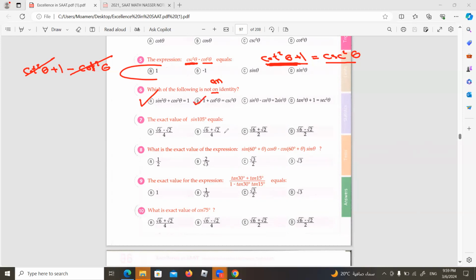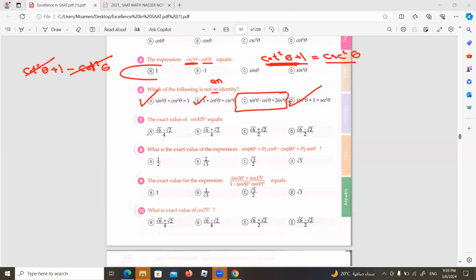We just said it now. Sine squared minus cosine squared equals 2 sine squared. What about this? I don't have any idea about this. Let's check the last one. Tan squared plus 1 equals sec squared. Yes, it's right. So the wrong one is this. The 3 others, A, B, and D, are right. So letter C is wrong.